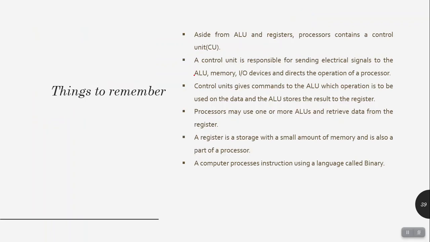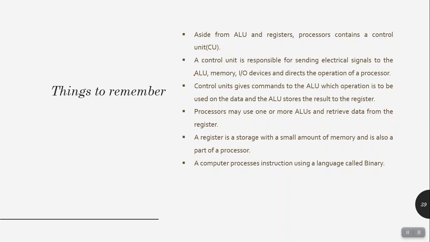So here are the things to remember. Aside from the ALU and registers, processors contain a control unit. What is this control unit? A control unit is responsible for sending electrical signals to the ALU, memory, and I/O devices, and directs the operation of a processor.